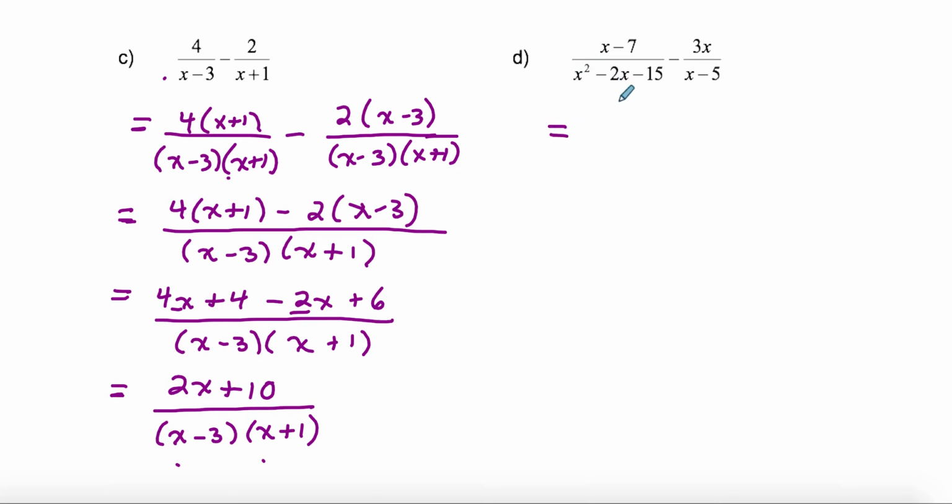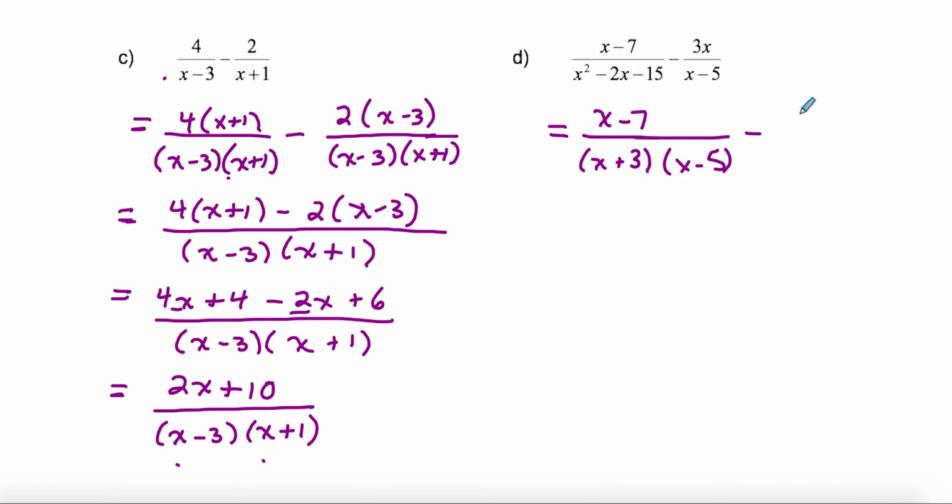Okay, last one. I see I have a little bit of factoring to do. So if I factor the denominator, I think 3 times 5 is 15. And if the 5 is negative and the 3 is positive, I would get negative 2.